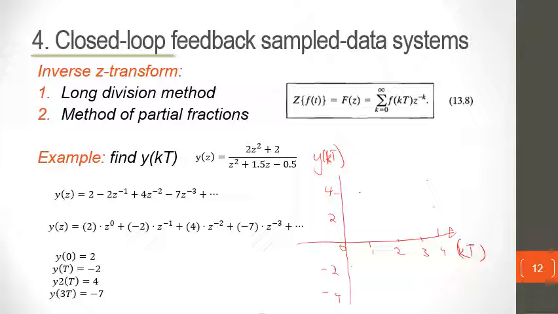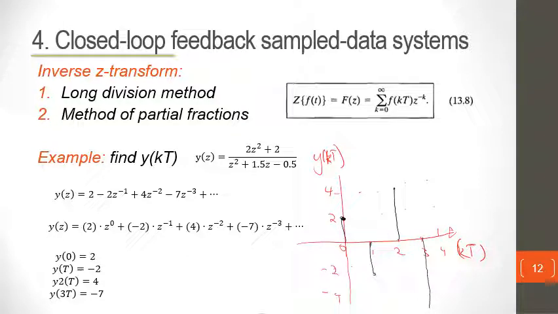Sometimes we just write k. So we can plot this sketch. We have the 0 sample here at 2, and then the sample at 1, which is negative 2, the sample at 2, which is 4, and at 3 is minus 7.